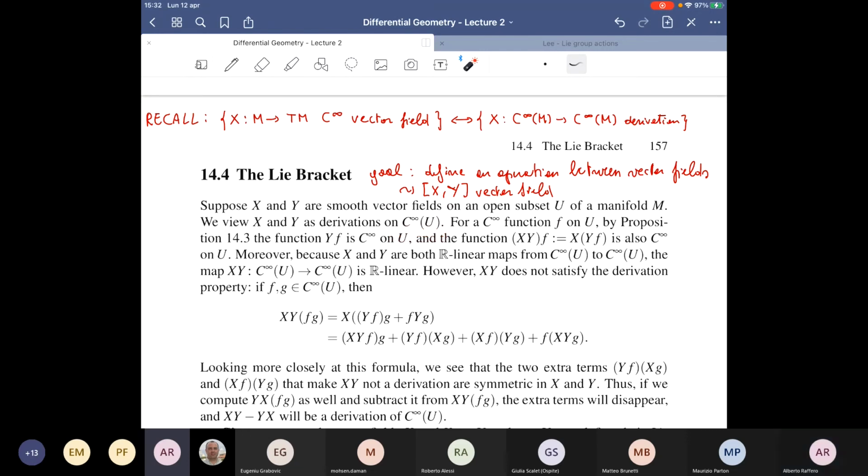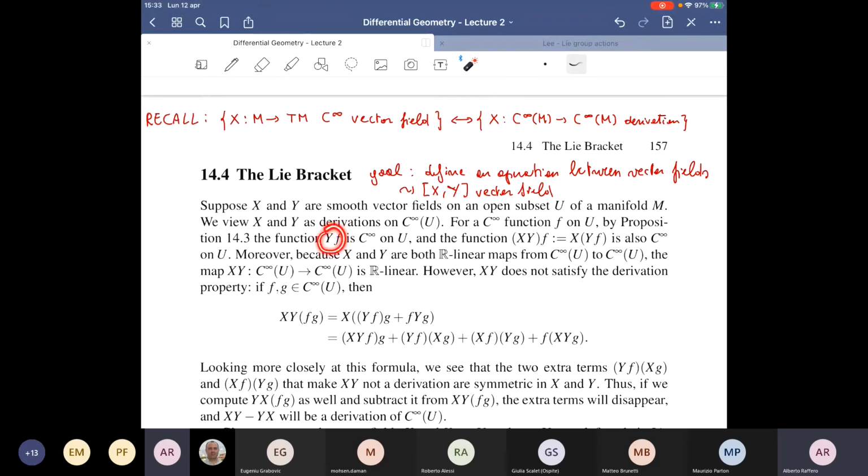So choose any such function f. As you remember, since both X and Y are smooth vector fields, you can consider Y applied to f, and you will get a function which is again smooth, which at each point is the derivative of f in the direction of Y evaluated at that point.